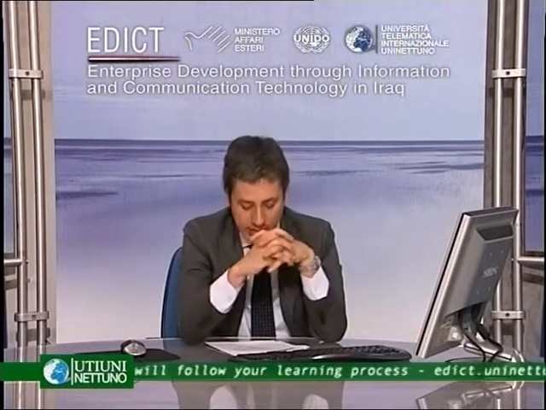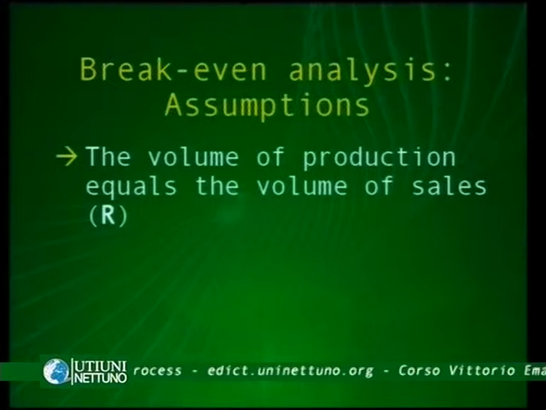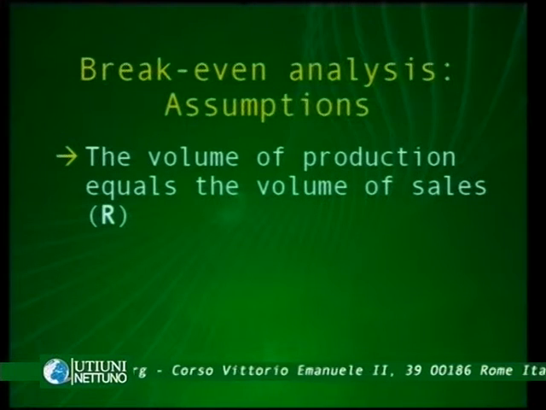When we run a break-even analysis, we are making some critical assumptions, described in these slides. First of all, the volume of production is assumed equal to the volume of sales.